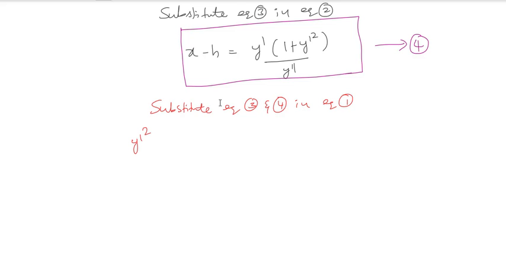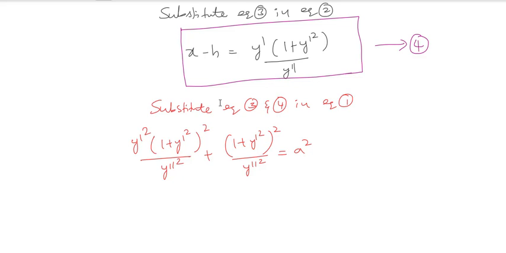I am directly representing: y dash square into 1 plus y dash square whole square by y double dash square, plus 1 plus y dash square whole square by y double dash square, is equal to a square. Try to check it out.